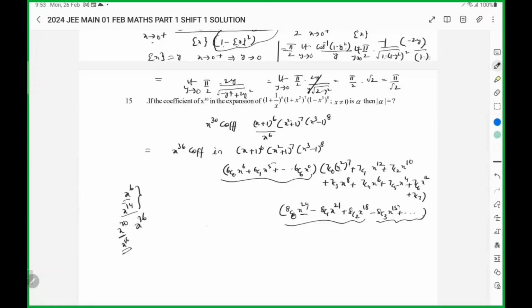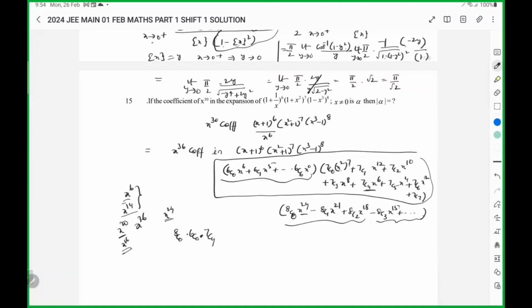Now let us concentrate on the first term, 8C0 x power 24. We require x power 12 from the product of the first two expansions. x power 12 means x power 6 into x power 6, that is 6C0. X power 5 odd terms are useless because there are all even powers in the second bracket.